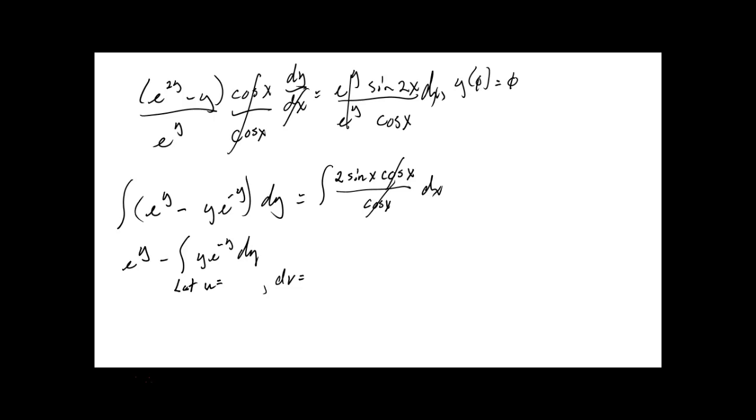So here, let u be y, and dv be e to the minus y, because if you did the other way, the one would get worse. So this will be your y, and dv is equal to e to the minus y dy. Always keep the d's together, because you have to be integrating them. Then, what's the next step?